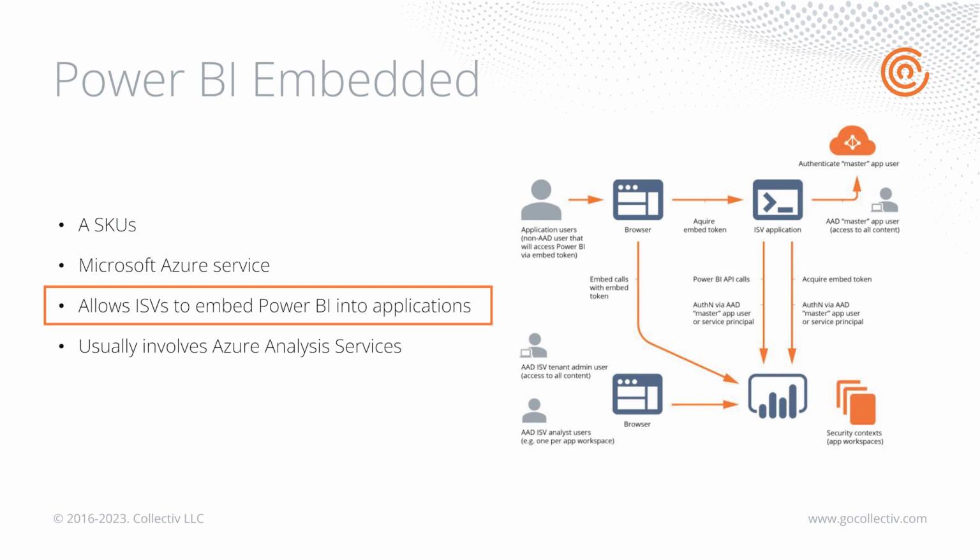So we see this a lot of times with organizations that maybe have their own dedicated application, whether it's a CRM or it's some other app, and they want to build their own analytics. So instead of actually going off and building an analytical tool, they'll essentially white label Power BI by using Power BI Embedded and represent their own metrics inside of their app using the Power BI Embedded A SKU.